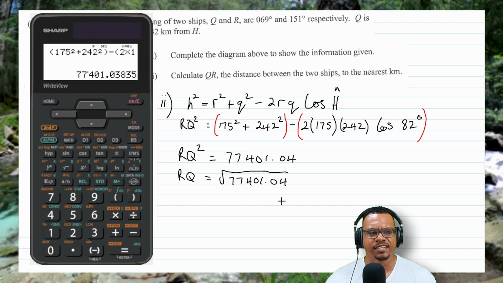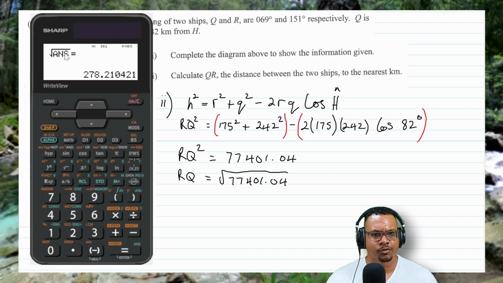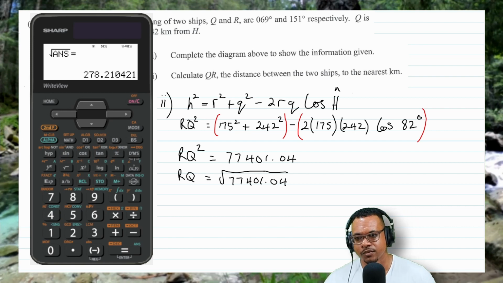Once I have the answer still on the calculator, I can just press square root and press equal, and we'll find the square root of the answer. So it takes the whole answer with all the decimal places into consideration, and we get 278.2. We're writing this to the nearest kilometer, so that's 278, because after the 8 is a 2, so the 8 remains the same. So RQ is equal to 278 kilometers.